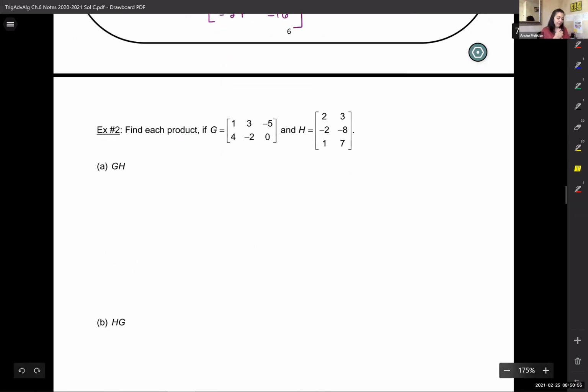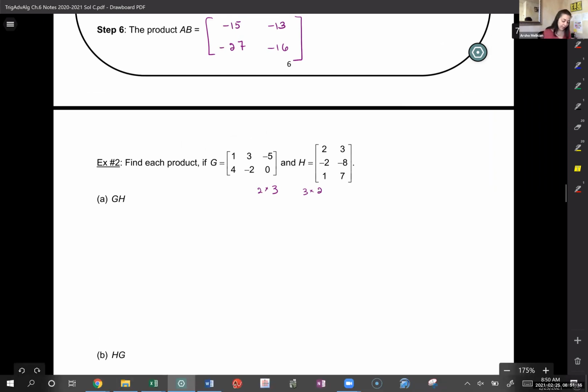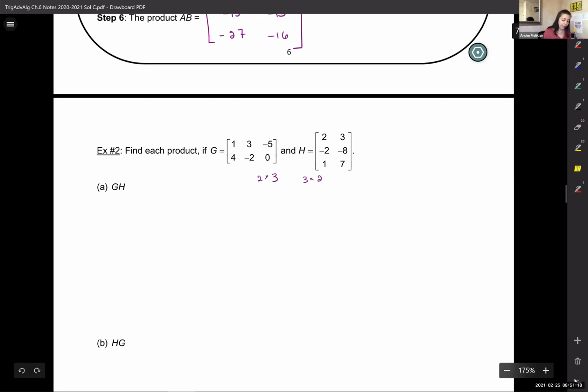All right, let's move on. Let's do another one. We're going to multiply g times h. For g, I have 2 by 3. H is a 3 by 2. I can multiply these, right? Yes, I can, and I'm going to get a 2 by 2 in the end.